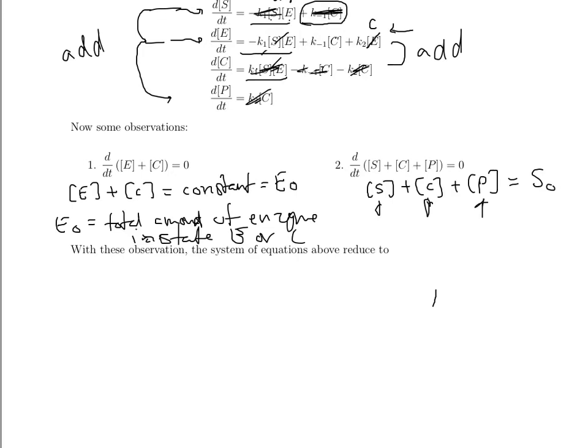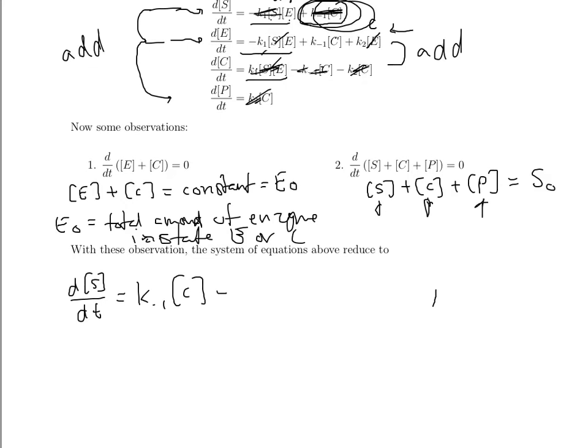So the first equation, the dS/dt, can be written as K minus 1 times C. That hasn't changed. It's still this term right here that I'm circling at the top.